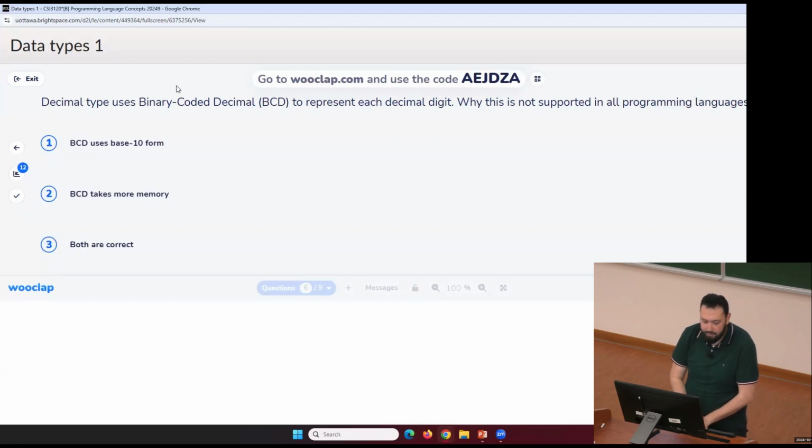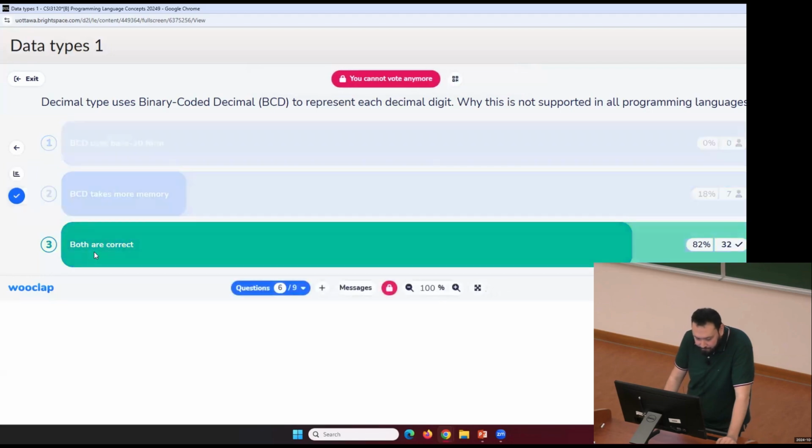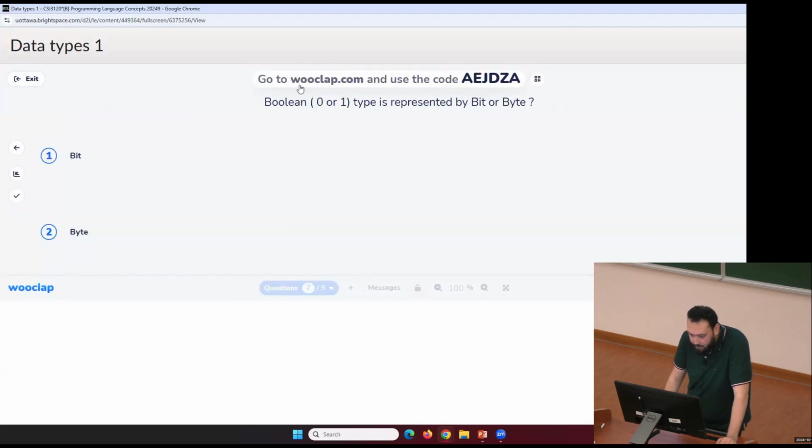Why is BCD or the decimal not supported, even though it's more precise using the decimal? Actually, both are correct. Why? Because BCD takes more memory. Why? Because it's base 10. So that's why it takes more memory. So remember, guys, both are correct.